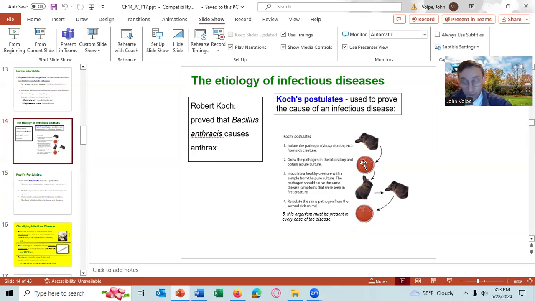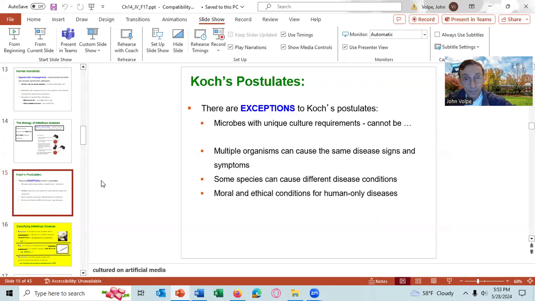Not only is it caused by different species of viruses, but there are actually 3 different families of viruses that cause the human cold. So you cannot use Koch's postulates to prove that a given viral species causes the human cold.